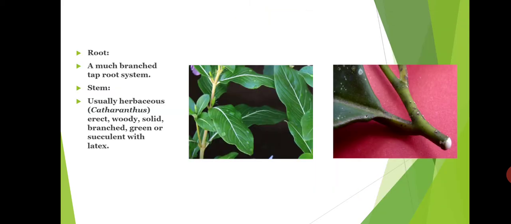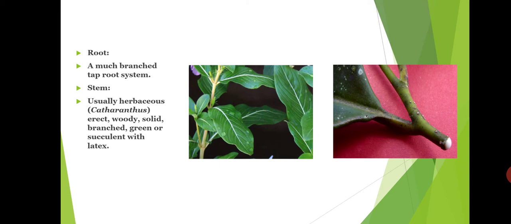So these are the vegetative characteristics. Anatomically this family has one speciality: many of the members have bicollateral vascular bundles, like the Cucurbitaceae, the cucumber family. Here also we can see bicollateral vascular bundles.